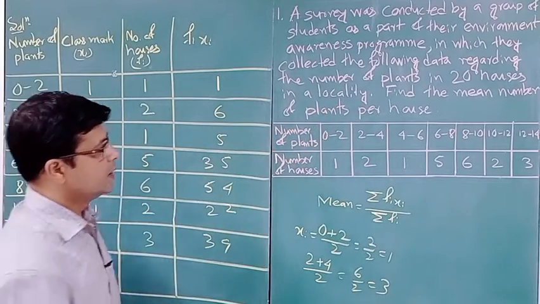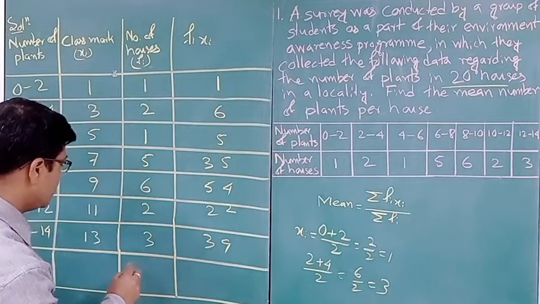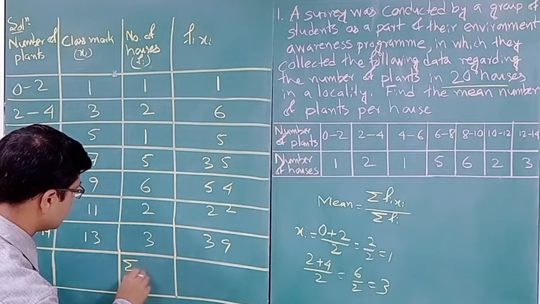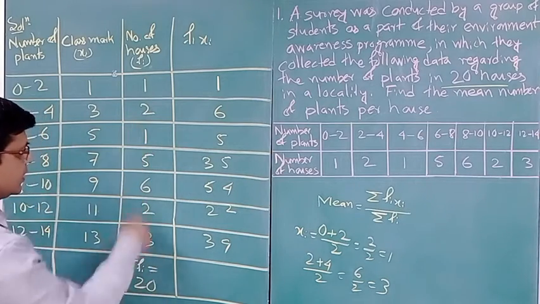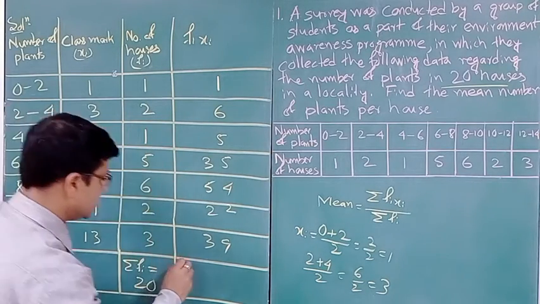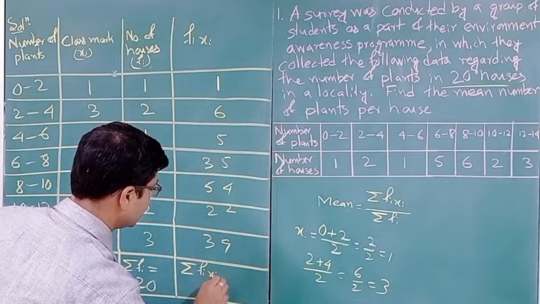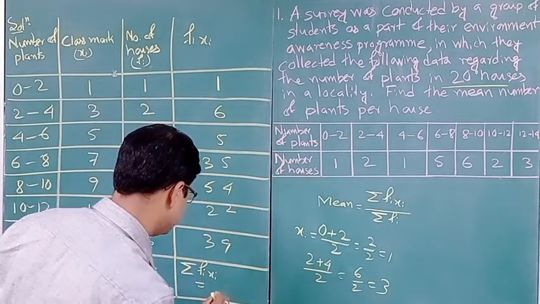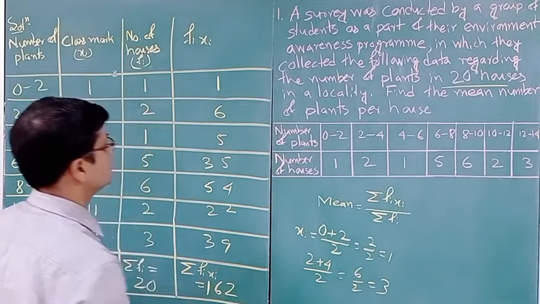If we add, we get 20; you can add and check. Now let us add this column, the summation of fi xi, and we get 162.